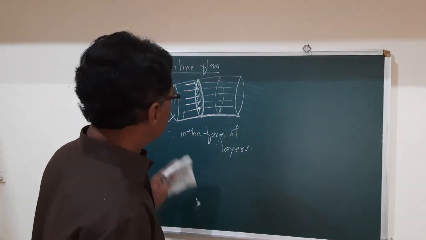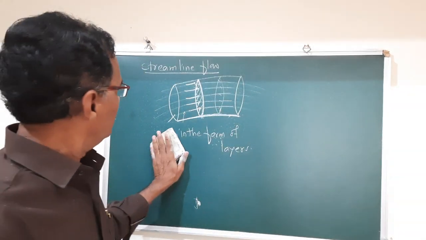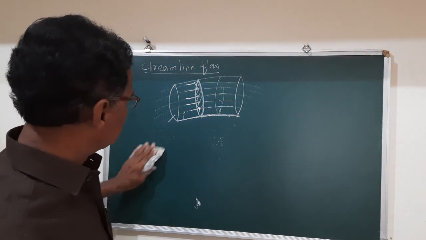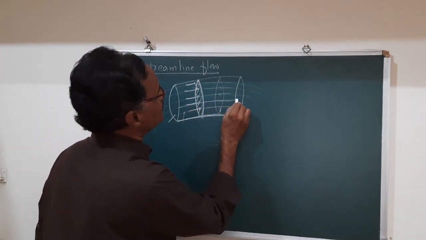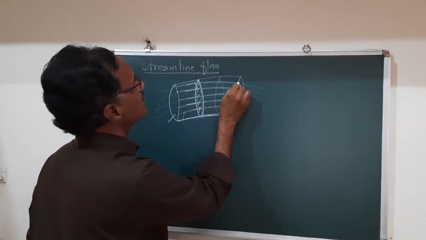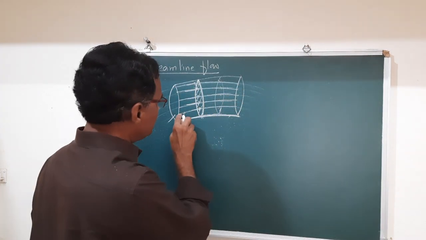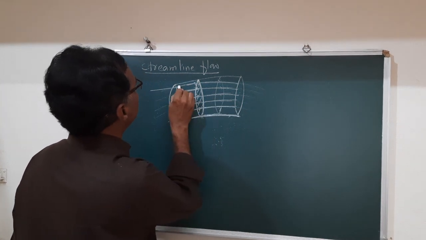Now again, the main characteristic of this flow is that this flow is a regular flow and it is just like a straight line. All the particles are traveling along this line, and here the tangential force is applied.